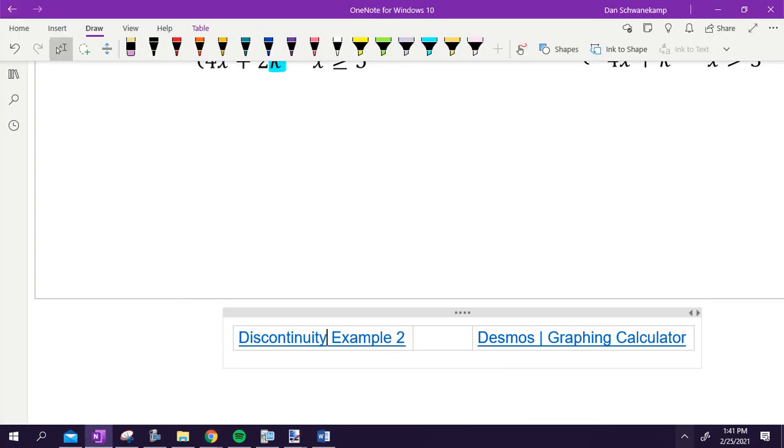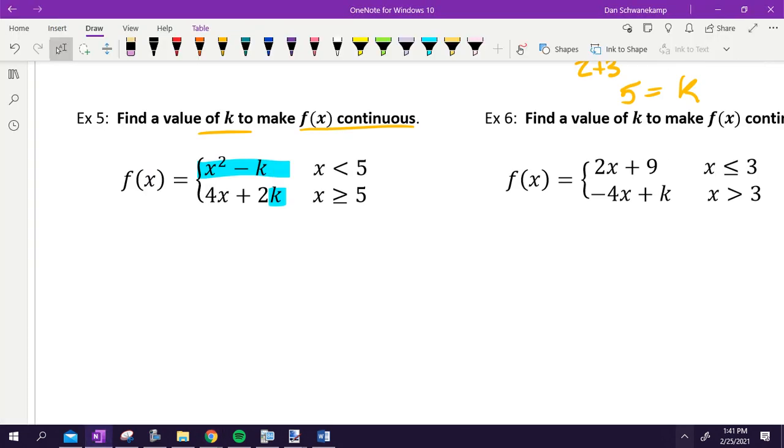So, to figure out when they're continuous, what do I need to look at? In order to be continuous, what has to be true? Limit and the value. This one's a little bit easier because it's different at least. This one I know what the value is. It's going to be when x is equal to 5. I want to know the limit as x approaches 5 from the left, because from the left it is going to be this equation.